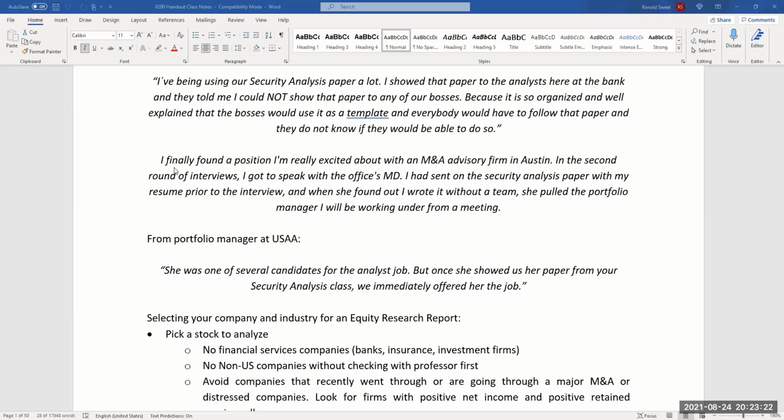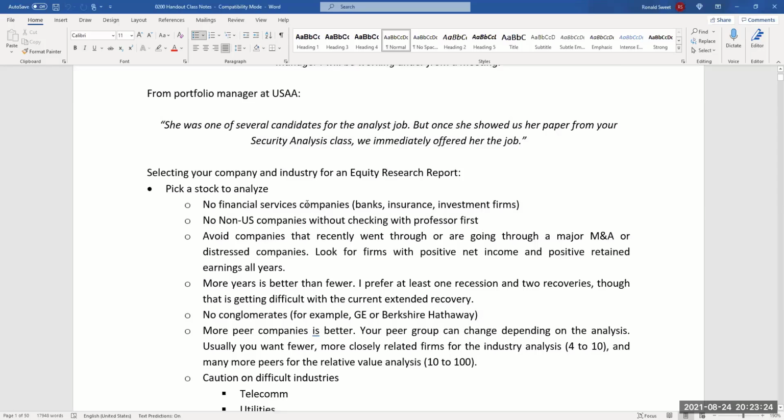So, company to pick. All right. Eduardo, you're talking about BlackRock. BlackRock is on the cusp, but I would recommend not. You should avoid banks, insurance companies, and investment firms, mainly because they're really different animals. I had one student, Jordan, who did a bank. I said, I really recommend that you don't. And he said, professor, I really want to do a bank.